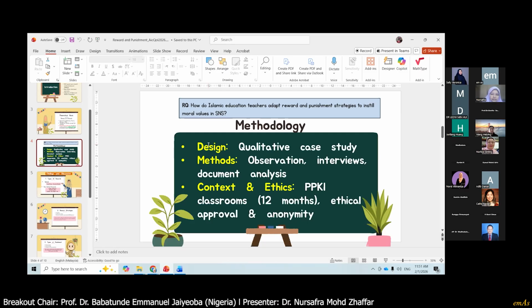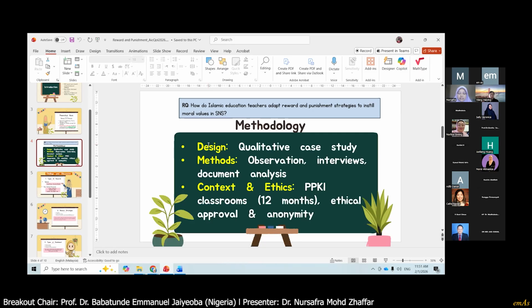This is one of the studies about the teaching approach that teachers use, reward and punishment, and after this we will look at what other teaching approaches teachers use to educate special educational needs students to instill moral values.